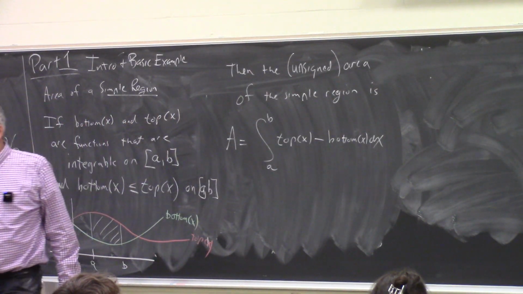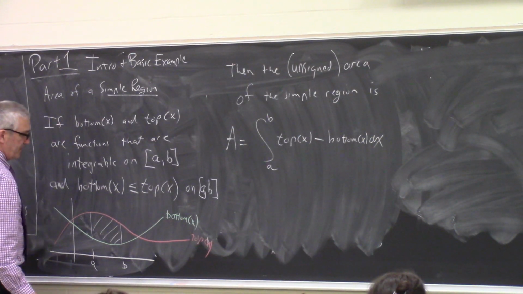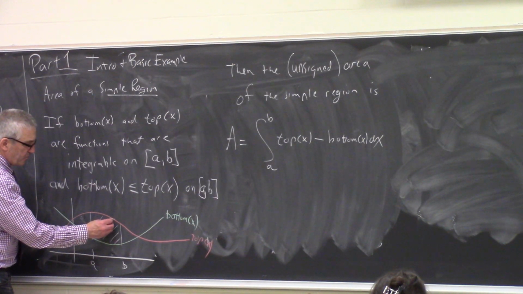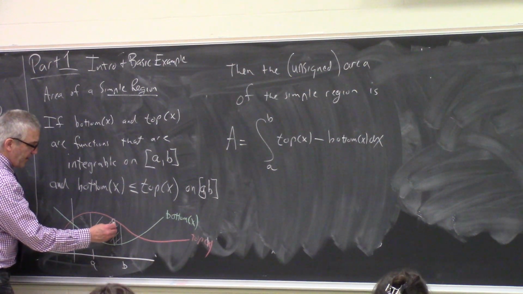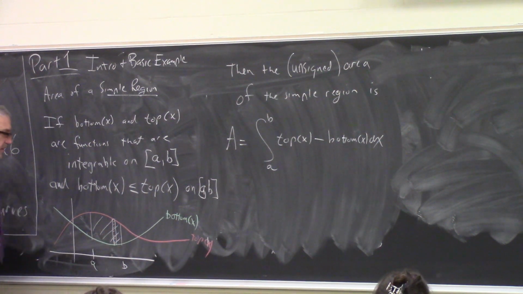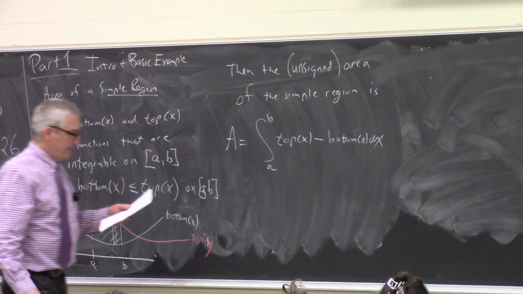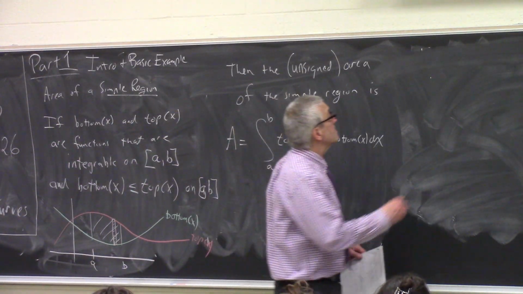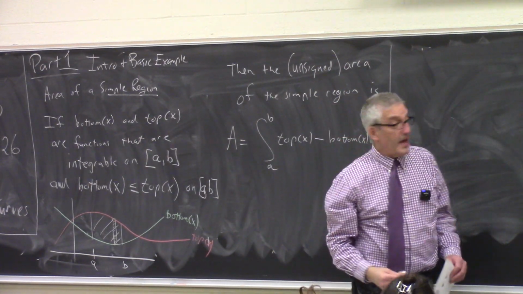Seems fairly straightforward, kind of the obvious thing. The book presents a proof of this. The idea is that you imagine little rectangles that start at the bottom graph and go up as high as the top graph, and you get the area of those rectangles, and you take the limit as there are more and more rectangles getting skinnier and skinnier, and you get this. But in general, there are complications.